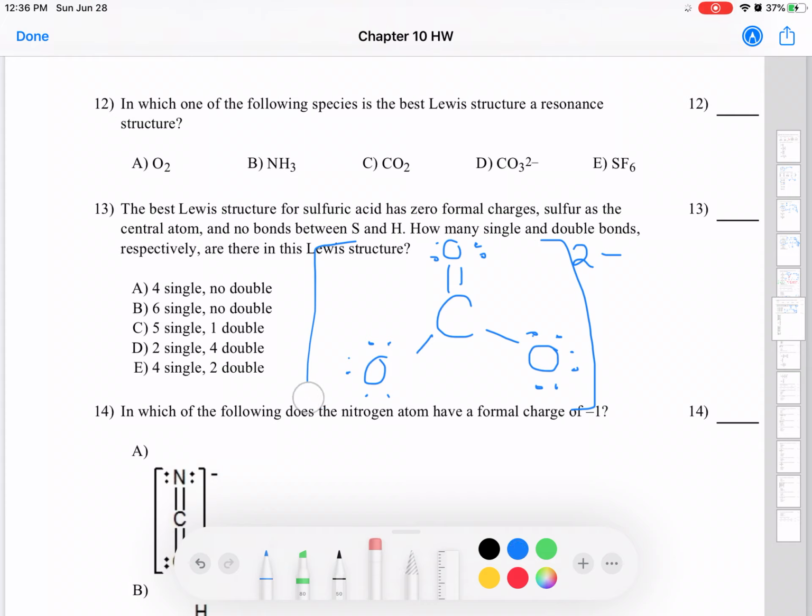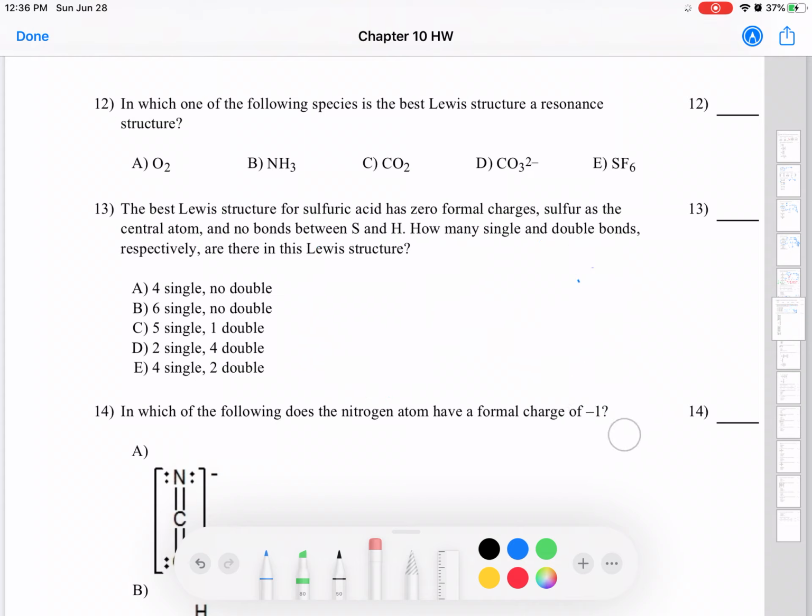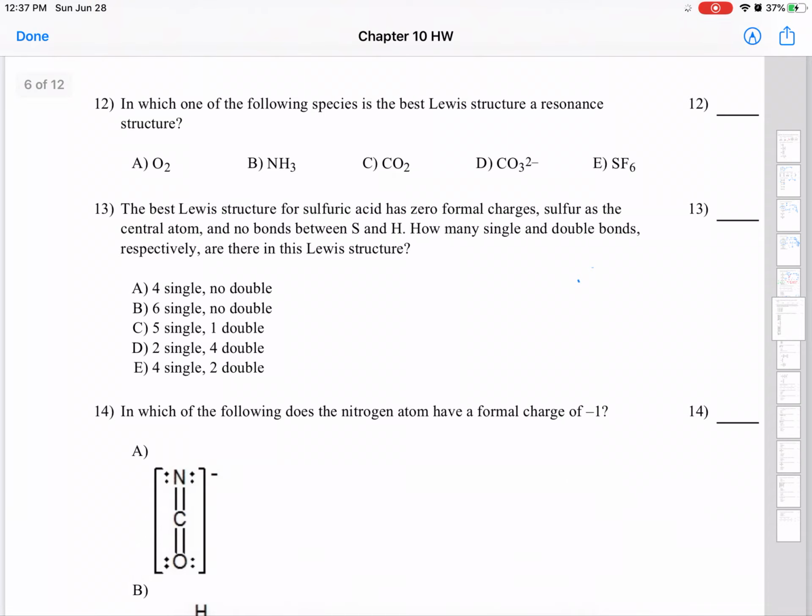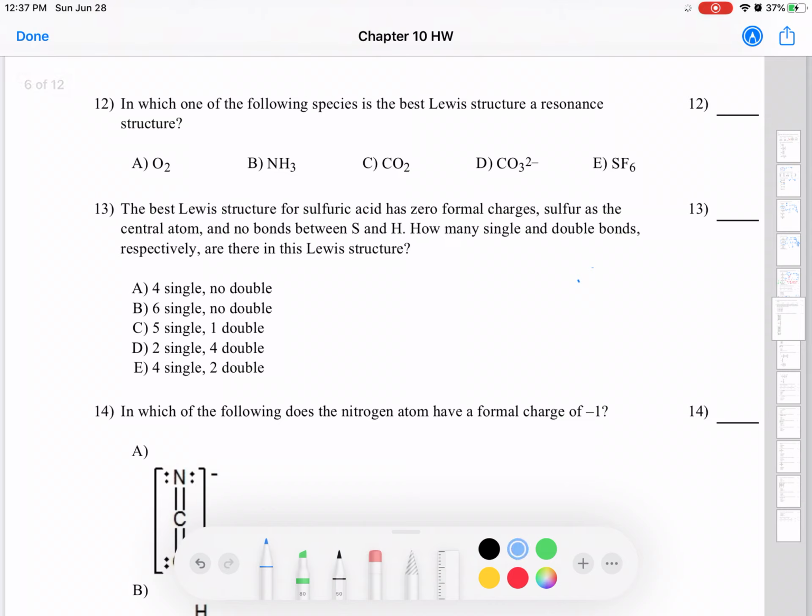And then the next one, the best Lewis structure for sulfuric acid has 0 formal charges, sulfur as a central atom and no bonds between sulfur and hydrogen. How many single and double bonds respectively are there in this Lewis structure? Again, you have to draw the sulfuric acid Lewis structure first. So if you draw that, it would be something like this. Sulfur will be in the center.